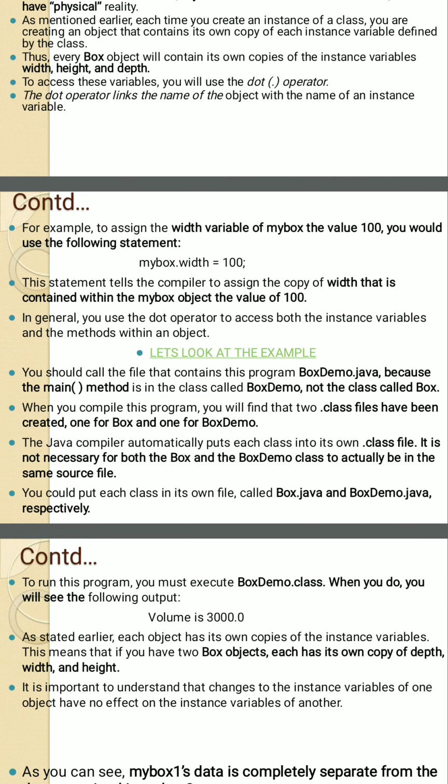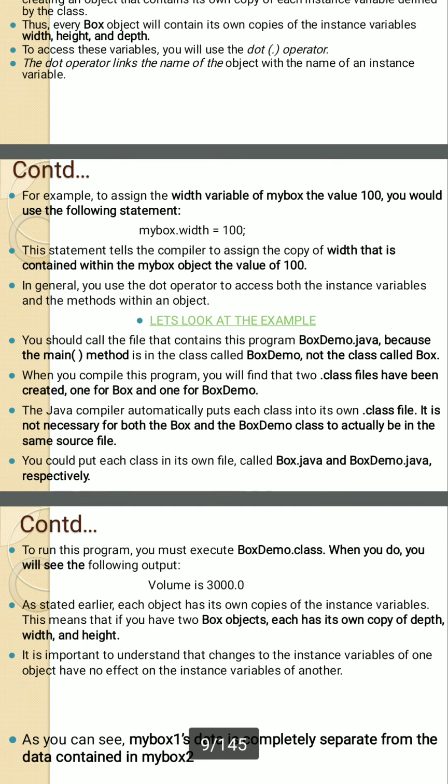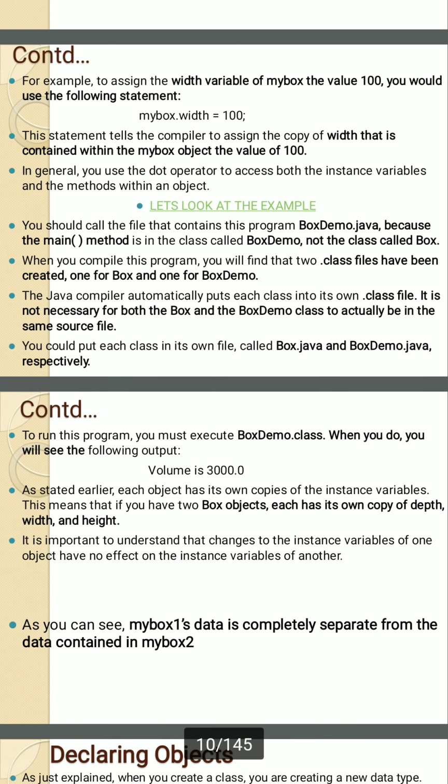You could put each class in its own file called Box.java and BoxDemo.java respectively. That is left to you. And to run this program, you must execute BoxDemo.class. When you do, you will see the following output: volume is 100.